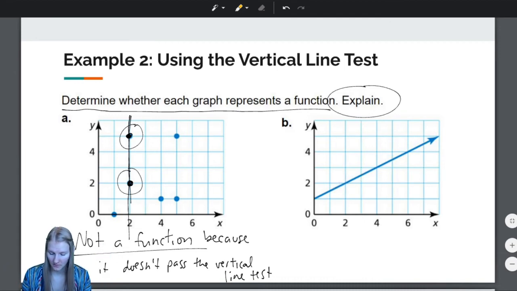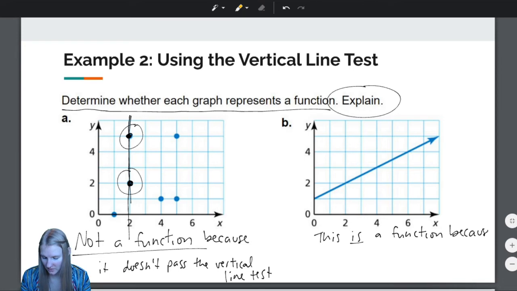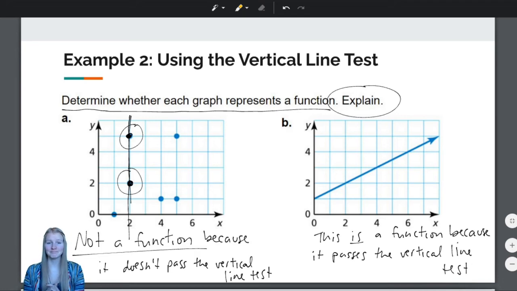So, this is a function because it passes the vertical line test. And there you go. Graphs are a little bit easier in my opinion because it's just a vertical line. Does it hit once or does it hit more than once?